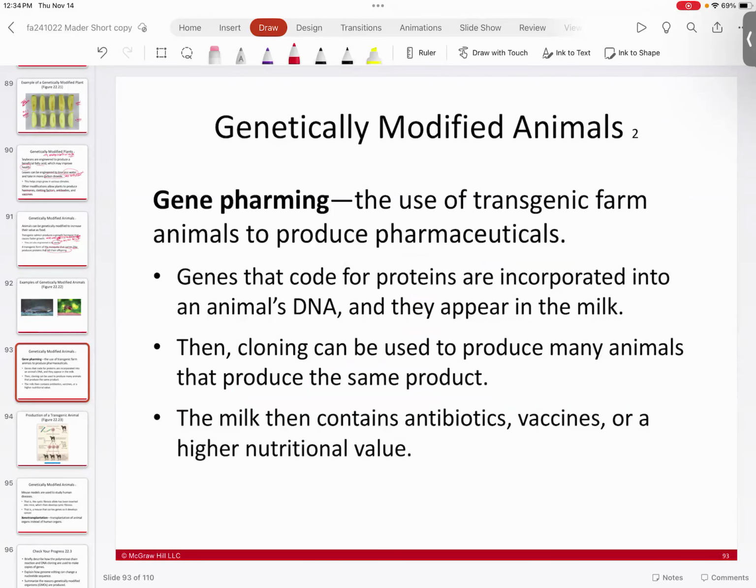Now, gene farming, right? This is basically a situation where, like with the bacterial example, we use transgenic animals to produce pharmaceuticals in kind of the same way we did with the bacteria. The genes that code for these proteins are incorporated in the DNA by recombinant DNA technology, and then they appear in the milk.